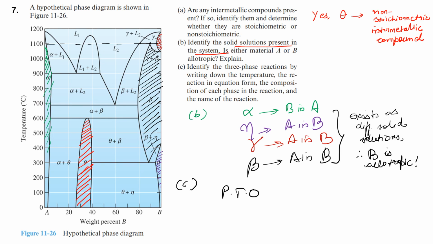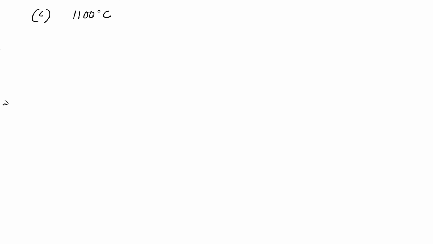So we have a gamma plus liquid. So if we take this peritectic point, gamma plus liquid transforms to pure beta. Beta upon cooling, and upon heating, it transfers this way.